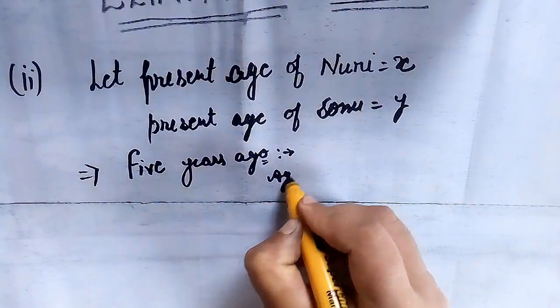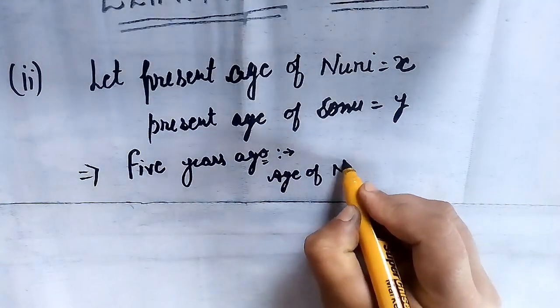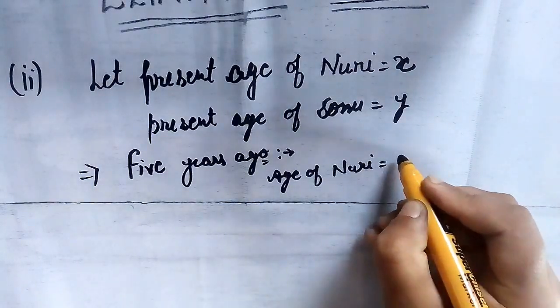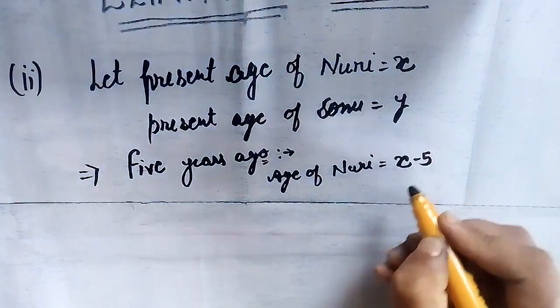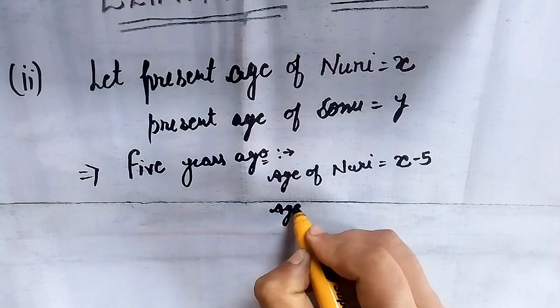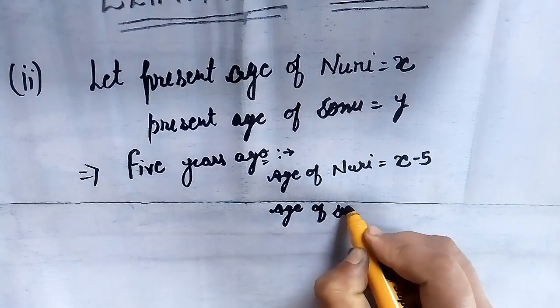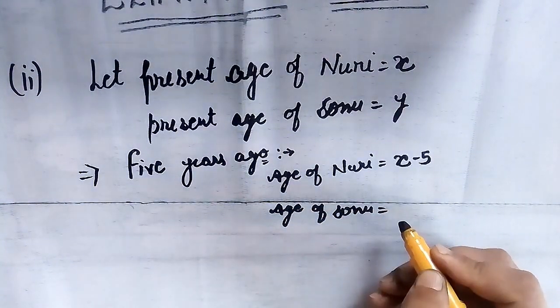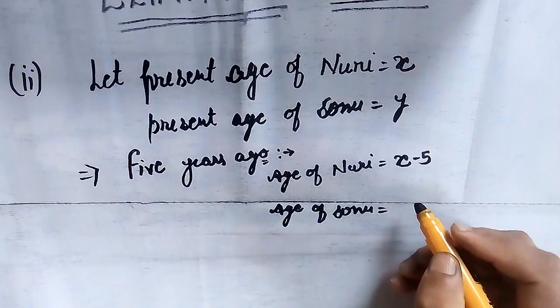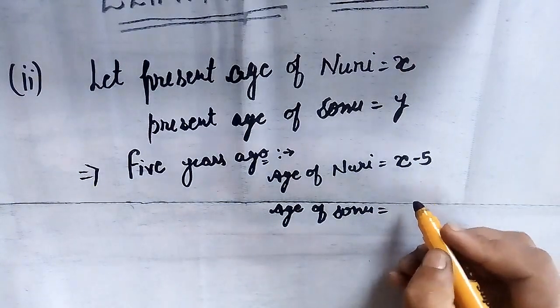The age of Nuri will be x minus 5, and the age of Sonu will be y minus 5. Subtract 5 years from their ages.